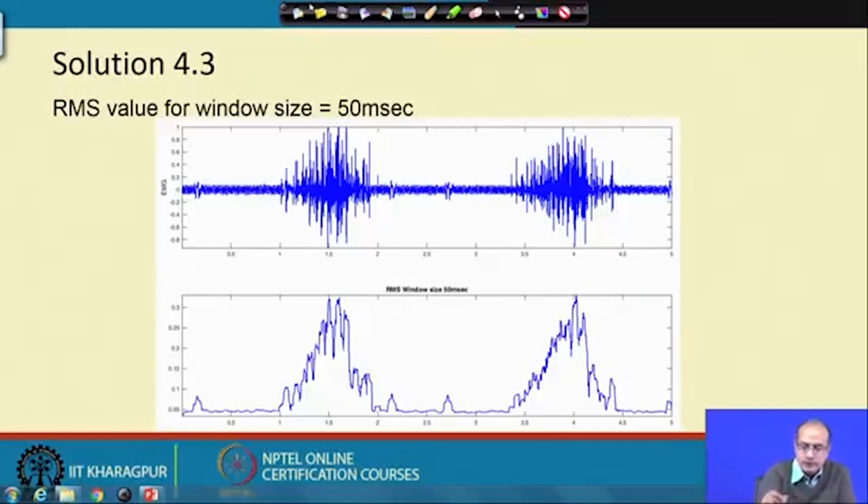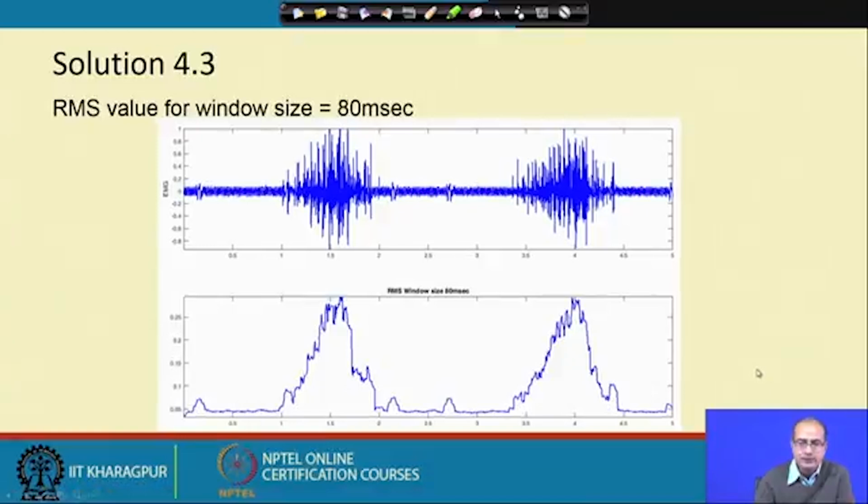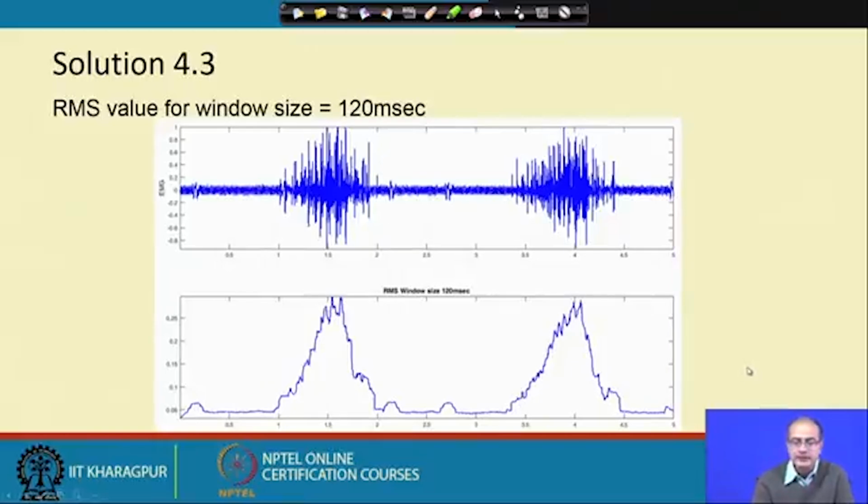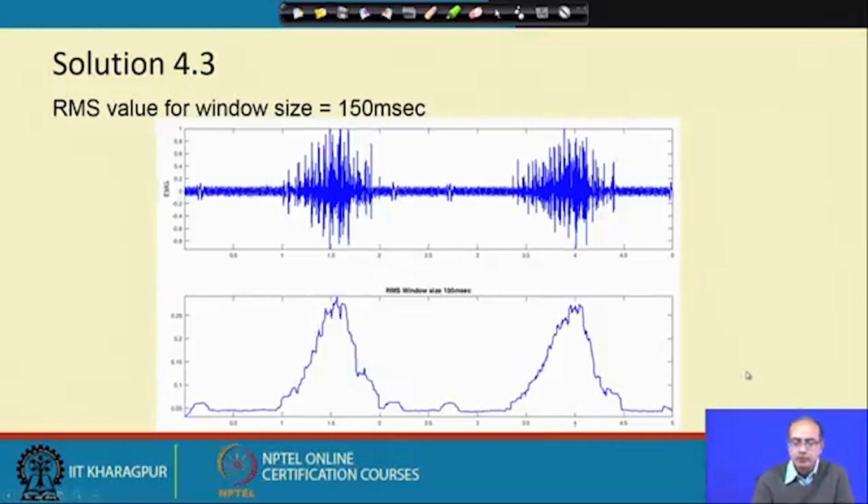So, we get it for the 50 millisecond, then for 80 millisecond, then for 120 millisecond, then for 150 millisecond, and we know that as we increase the window, the envelope becomes more and more smooth and looks like a real envelope.